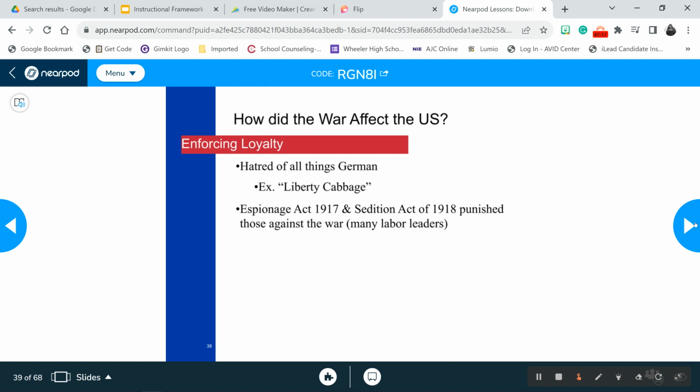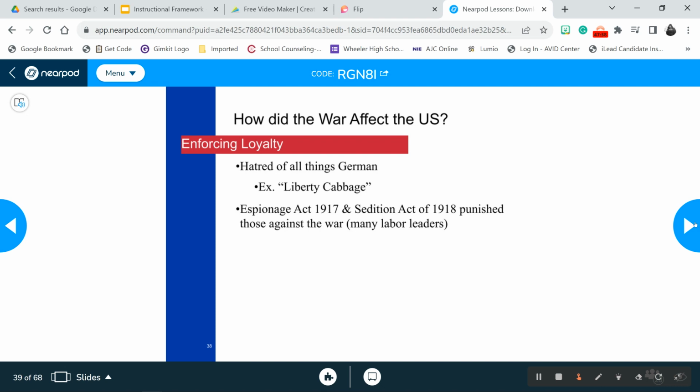All right. You also want to enforce loyalty. So listen to this real quick. The Espionage Act of 1917. Write this down. The Espionage Act of 1917 and the Sedition Act of 1918. Same thing that happened with John Adams. Talk bad about the war, you got put in jail. Is that clear there?